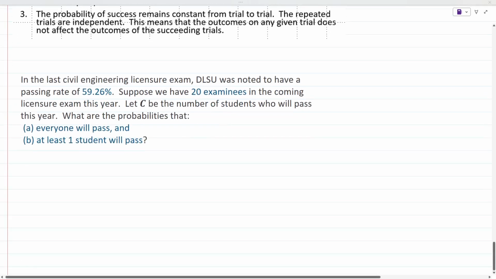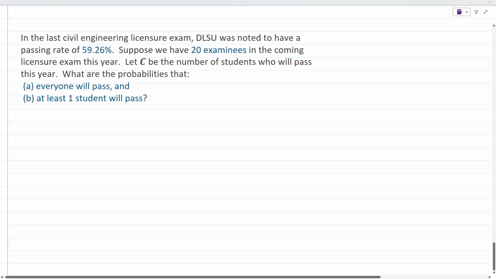In the last civil engineering licensure exam, the rate was noted to be 59.26. Okay, suppose you have 20 examinees in the upcoming licensure exam this year. Let's see the number of students who will pass this year. What is the probability that everyone will pass and the probability that only one student will pass. Okay, so gagawa daw tayo ng formula on this one.